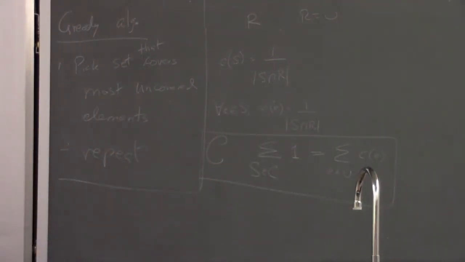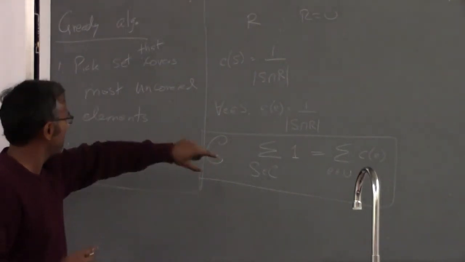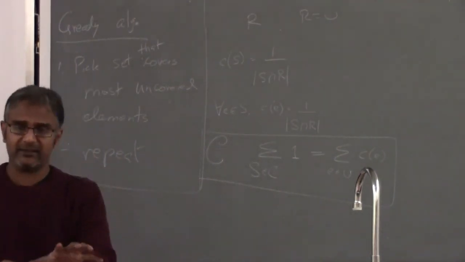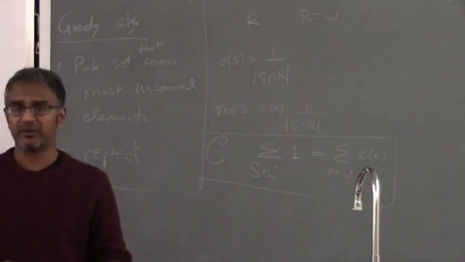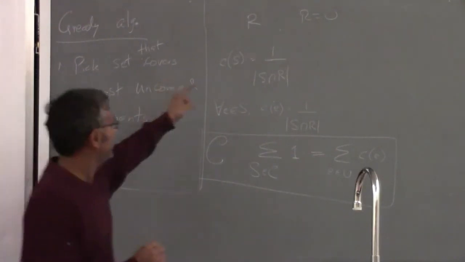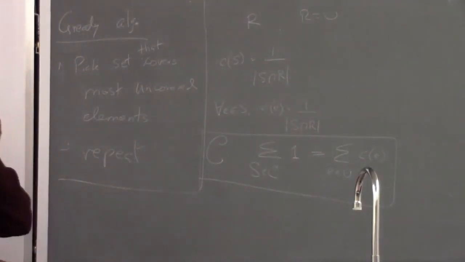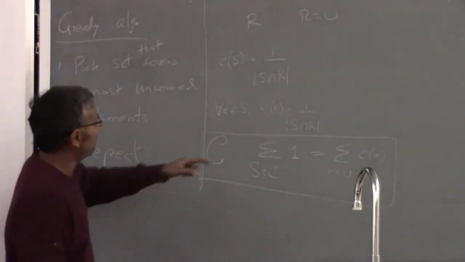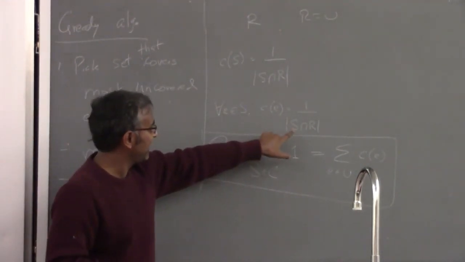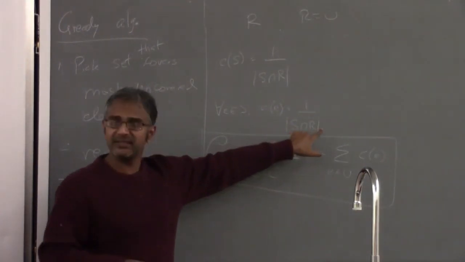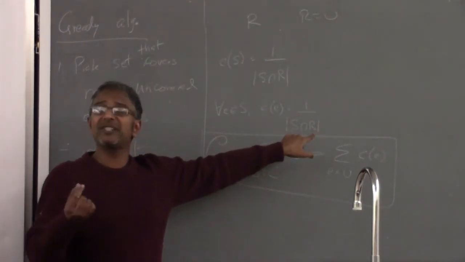Let me try to explain what's going on, and first of all why this is true. I take a set and I use it to cover some part of the universe, and then I assign this value to each of the elements of that set. But notice that there are exactly this many elements that have not previously been assigned a cost.